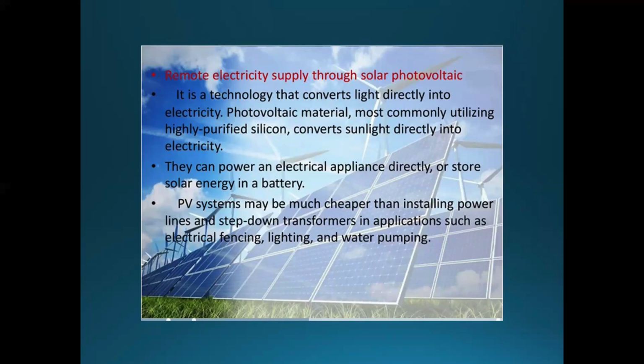They can power an electrical appliance directly, or the electricity can be stored in a battery. They may be much cheaper than installing our general electricity lines, and you can use them for electrical fencing, lighting, and even water pumping.